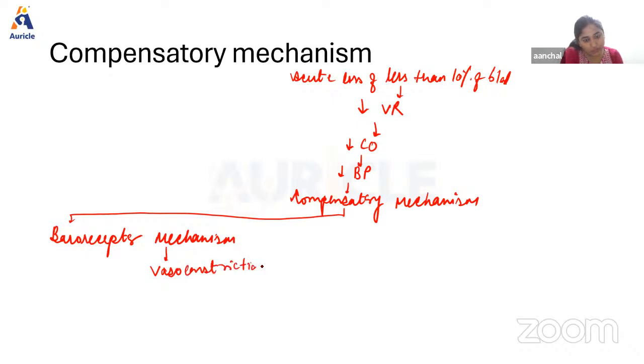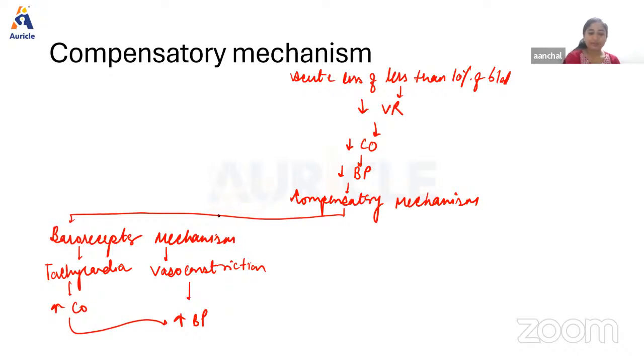If vasoconstriction is there, it means there will be an increase in blood pressure, right? Also, a condition like tachycardia will be there due to stimulation of baroreceptors. So there will be an increase in cardiac output and an increase in blood pressure, right?